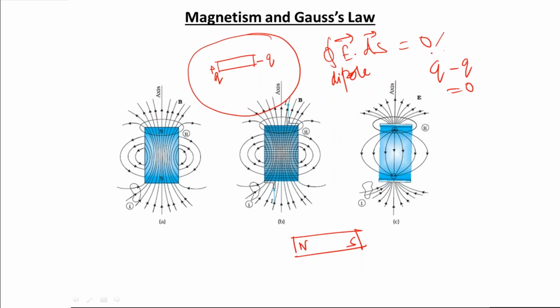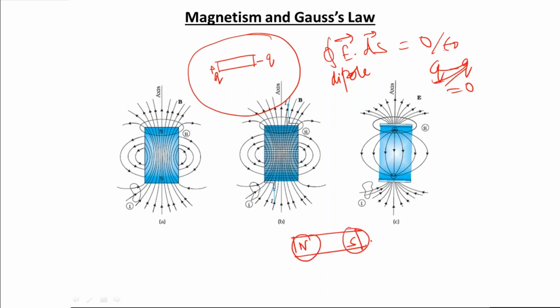So this is how we can understand that the fundamental unit for magnetism is only the dipole. There will be no monopole, because north pole and south pole are monopoles, and they cancel each other's effect.